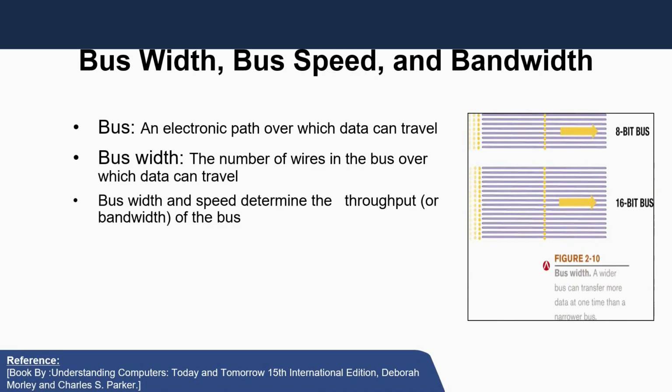So the speed of the bus is determined by the number of wires contained in the bus, and also by the throughput or the controller that is carrying out the actual data transfer from the bus to different devices.